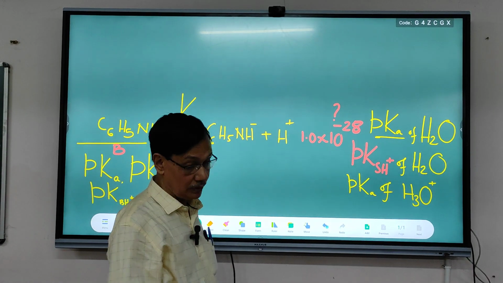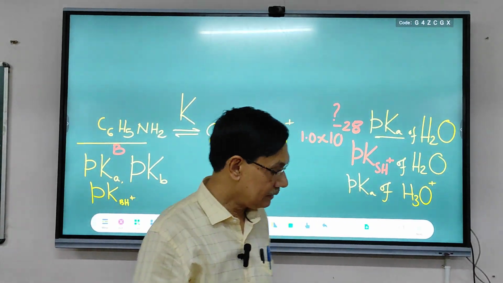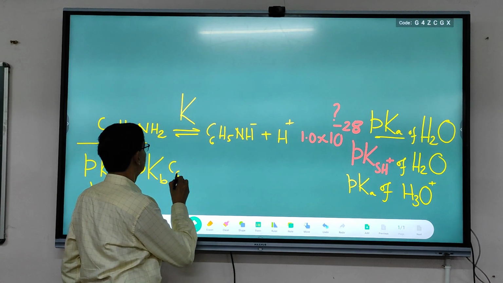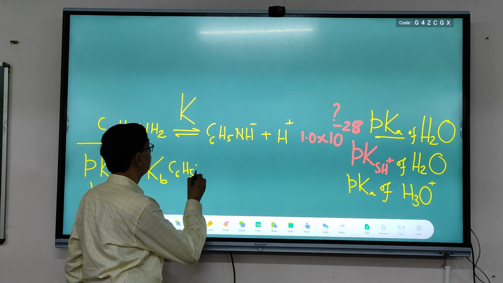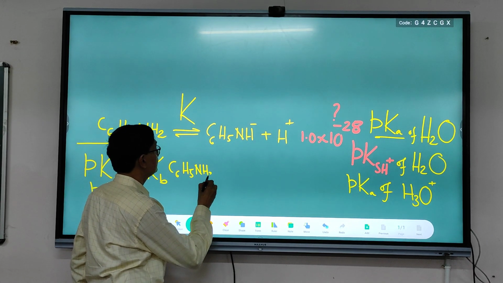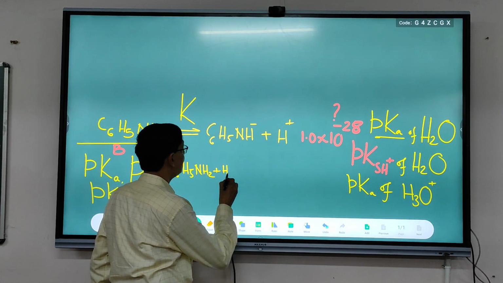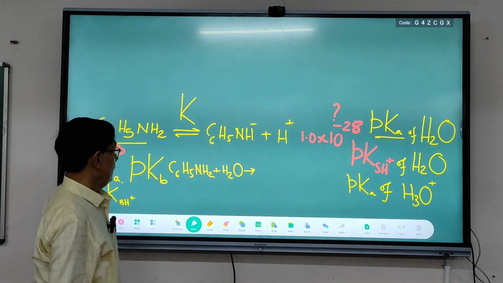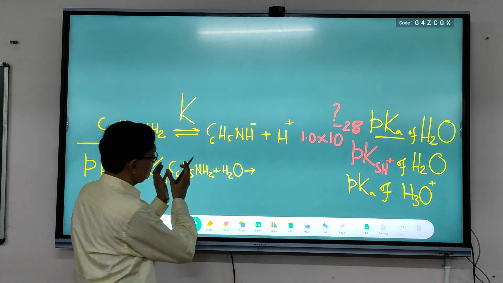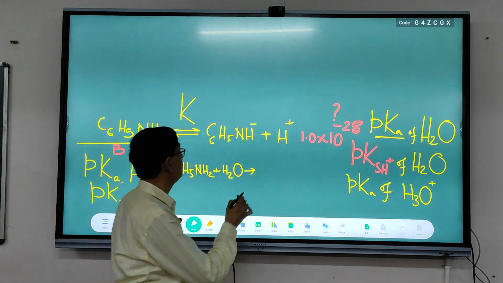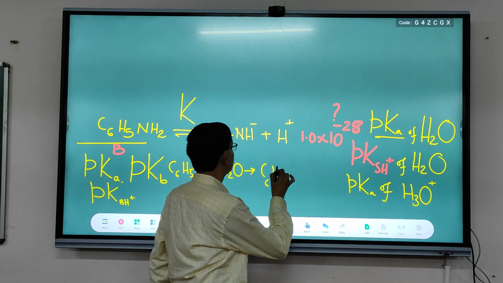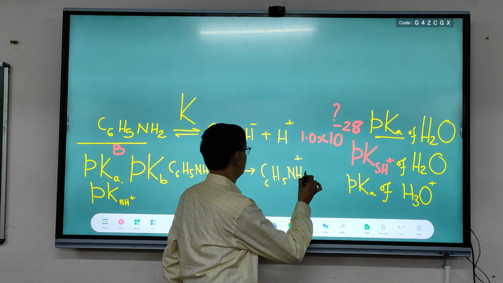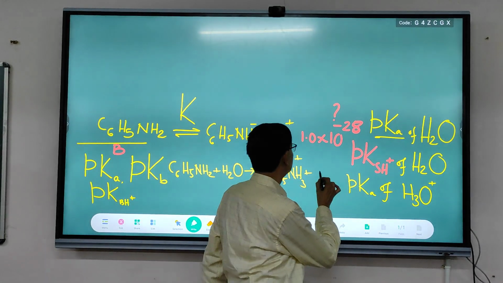1 into 10 to the power minus 28 is a very, very low value. But suppose the second approach is also possible: we can use aniline, because amphoteric substances can react with water, and if it is a base, its conjugate acid is produced, C6H5NH3+ and OH-.